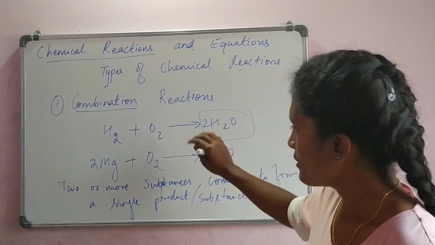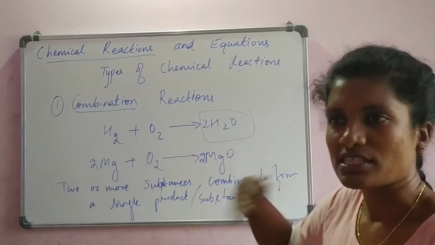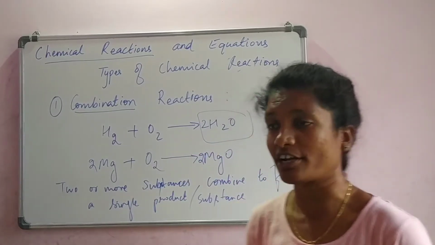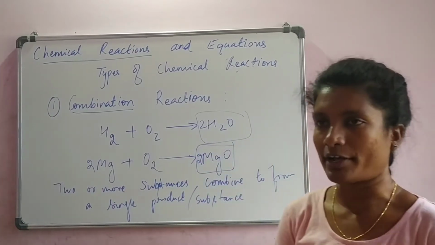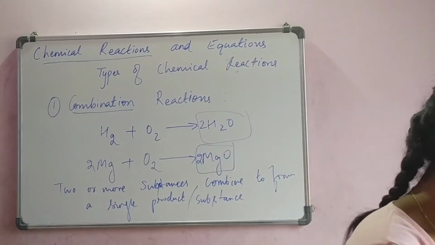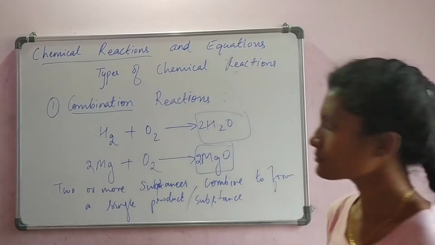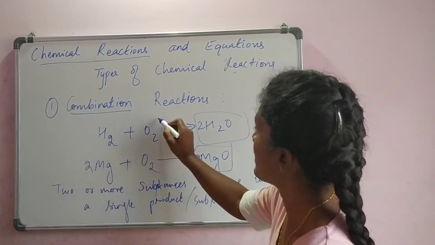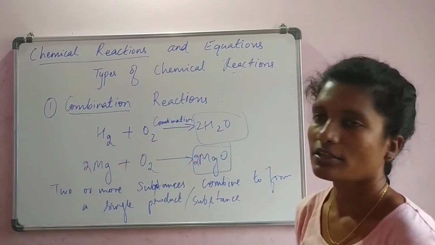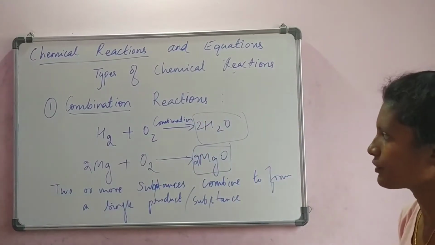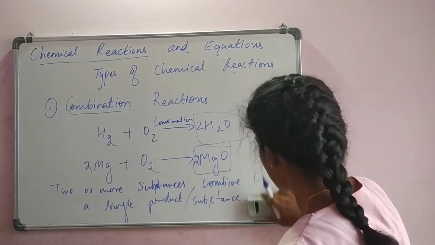So these are the examples. Like that, more and more examples you can work out. But remember, there should be a single product. Okay, then moving on further. So you can remember like this: it is a combination. Above the arrow mark, if you write combination, it's nothing wrong.